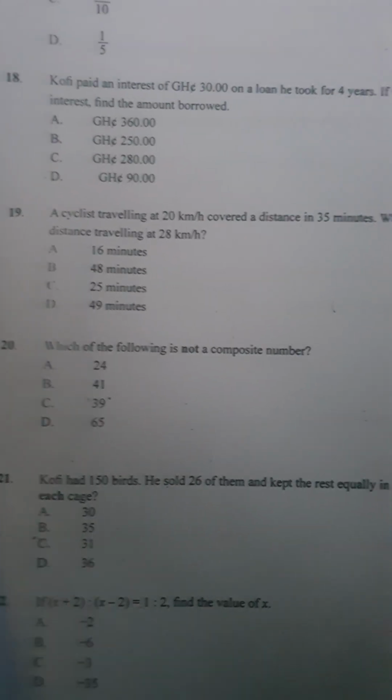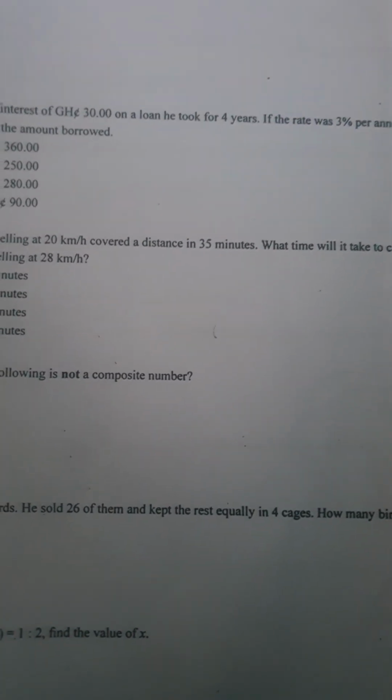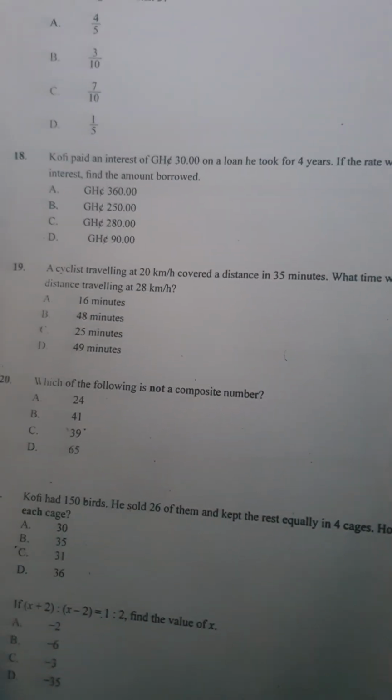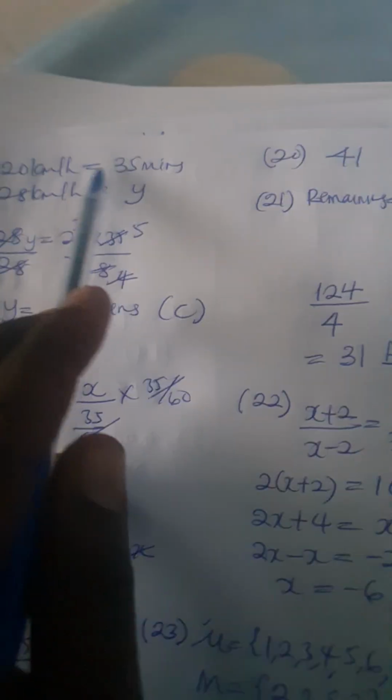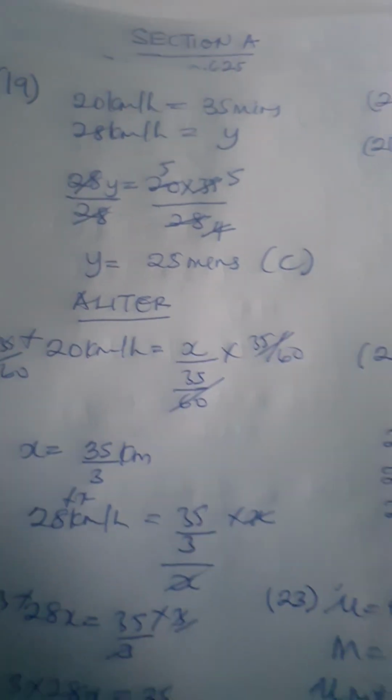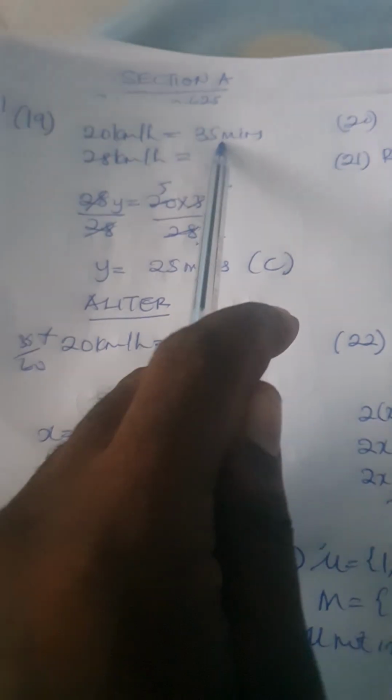Number 19. A cyclist traveled at 20 km per hour and covered the distance in 35 minutes. What time will it take to cover the same distance traveling at 28 km per hour? The 20 km per hour is 35 minutes, 28 km per hour is y. Now you have to ascertain if this is direct or indirect proportion. The more your speed, the less the time you take.